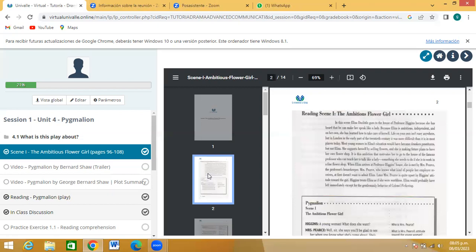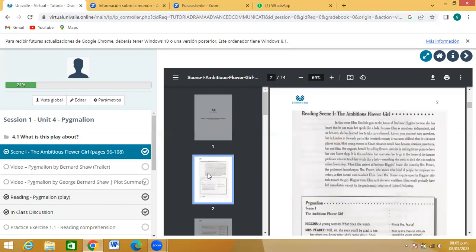Based also on the context, we're talking about 1912, so there are huge gaps between the economic classes.